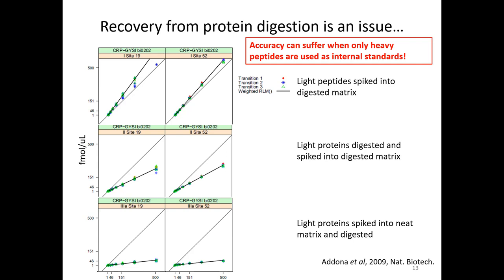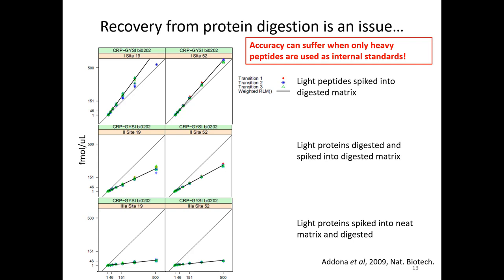So in the first study, these labs were given digested plasma with the light and heavy peptides spiked into a response curve where the heavy was spiked in a fixed amount and the light concentration varied. And this is plotting the peak area ratio of those transitions. And you can see the difference between these two labs. The slope is not the same. It's hard to explain that. They're using the same type of mass spectrometer too, so not entirely sure what was going on there.